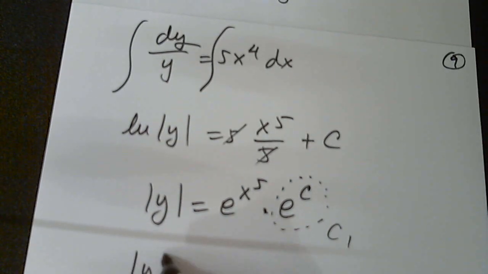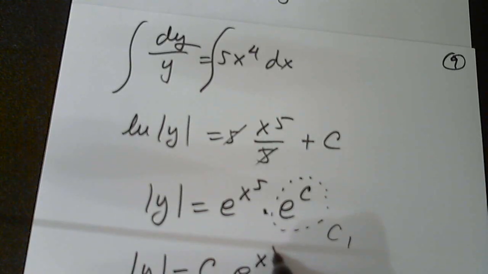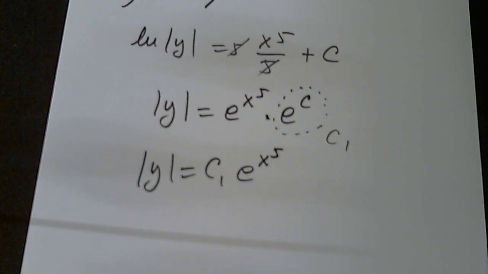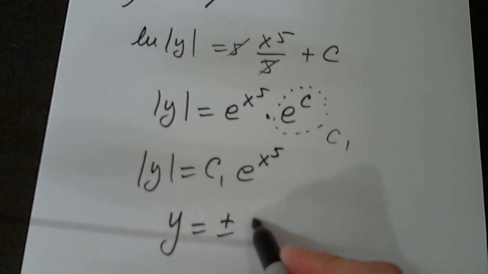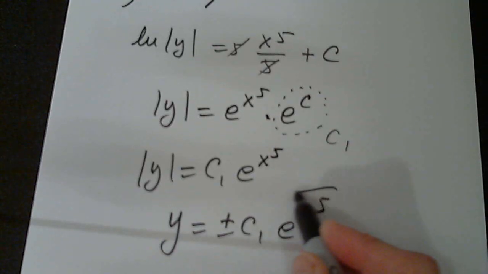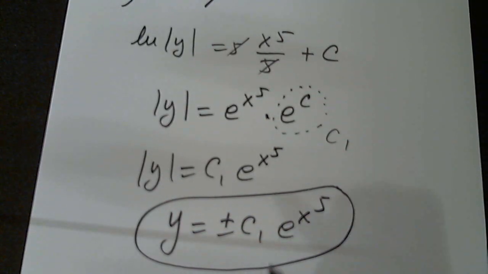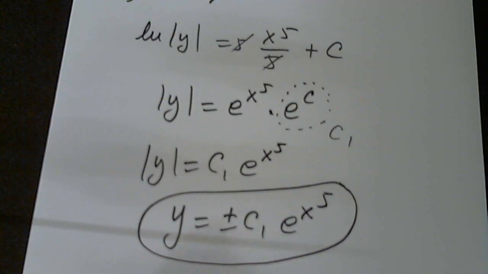So then the absolute value of y equals C1 e to x to the fifth. So now I only have to write plus or minus C1 e to x to the 5th. I don't have to worry about plus or minus because I'm not given a condition. I don't have C. Anything can happen. So this is basically the fourth example that is very similar, I mean, they're all very similar.